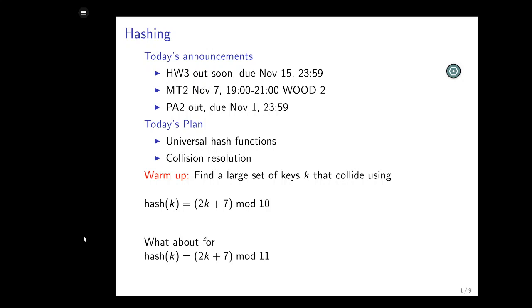I want to find lots and lots of keys that hash to the same location, they collide to the same location using these hash functions, because I'm evil and I want to crash somebody's server.